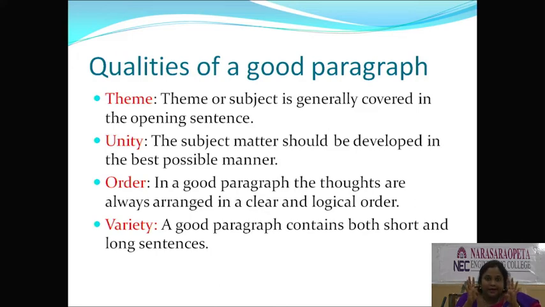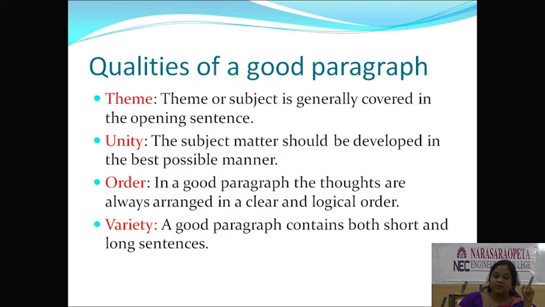When the paragraph has these 4 qualities, you can say that it is really a good paragraph. So the first one is theme. Always remember theme. Theme is nothing but the subject, generally covered in the opening sentence. So when you write a paragraph, the first one is theme. What are you writing on? What is the subject you have chosen? That is very, very important.